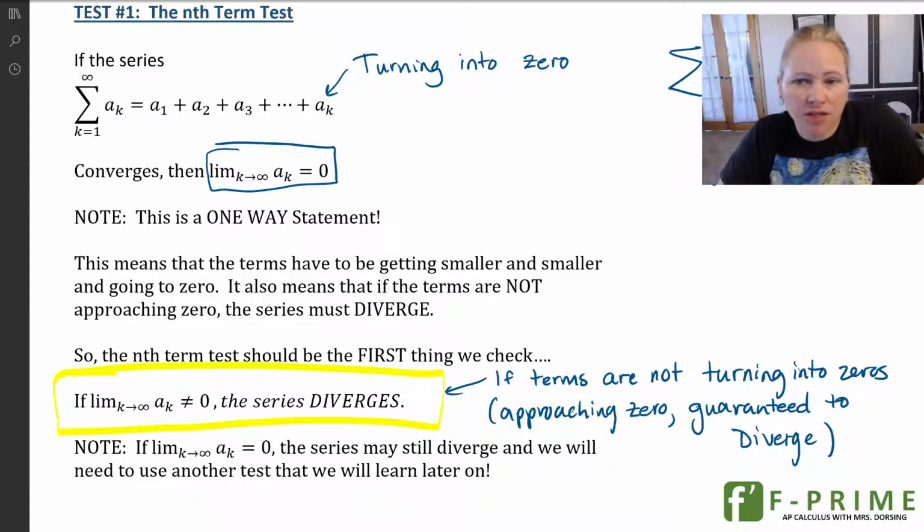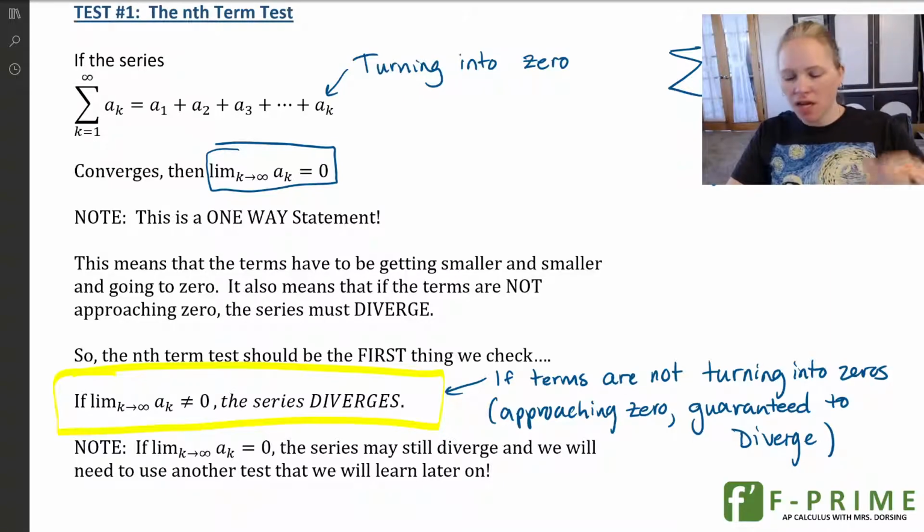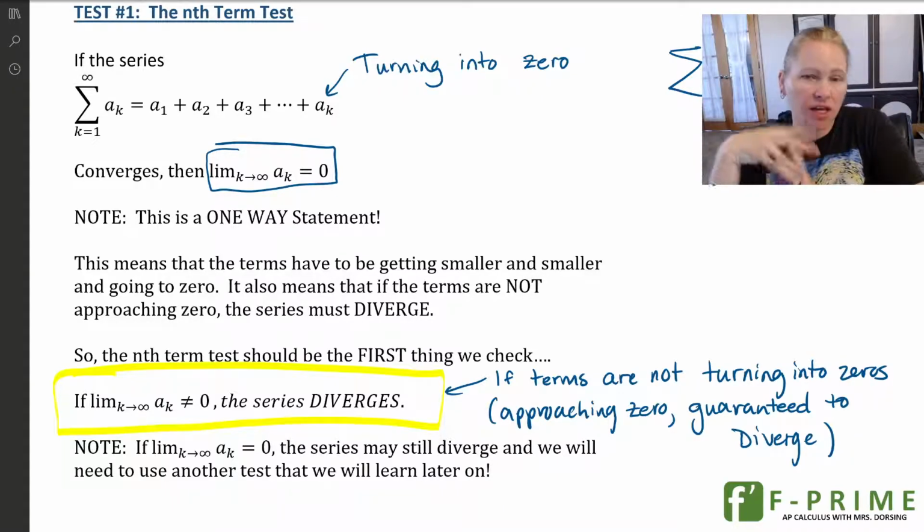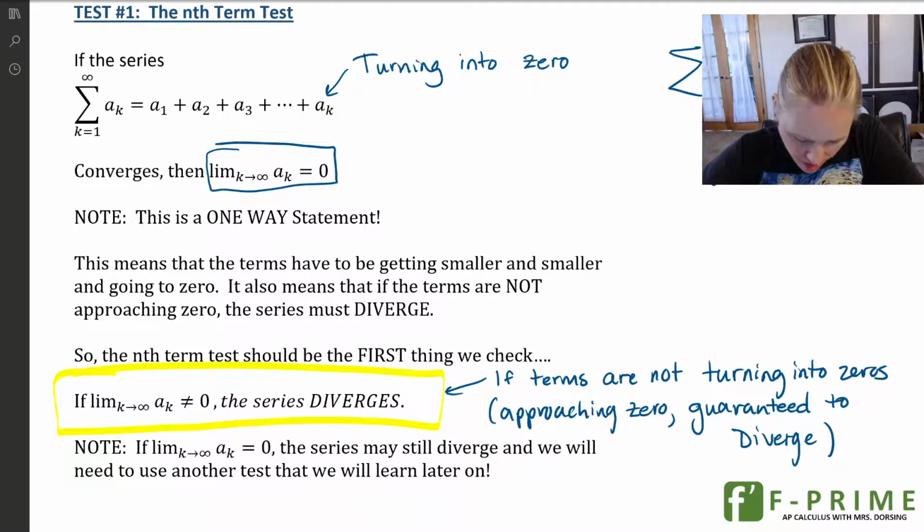But if they are turning into 0, then we have to do something else. So the nth term test is always really nice because you can almost always look at it and be like, that's not approaching 0. Diverges. Or, that is approaching 0. Now I need to do this other thing. We're going to learn these other things as time goes on.